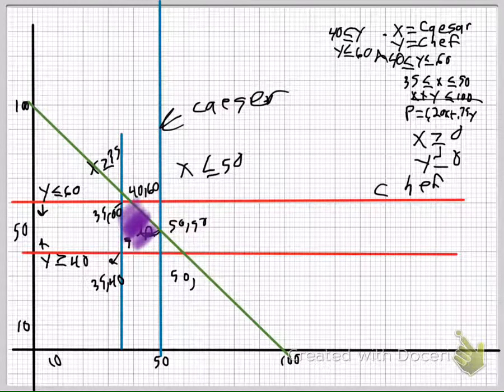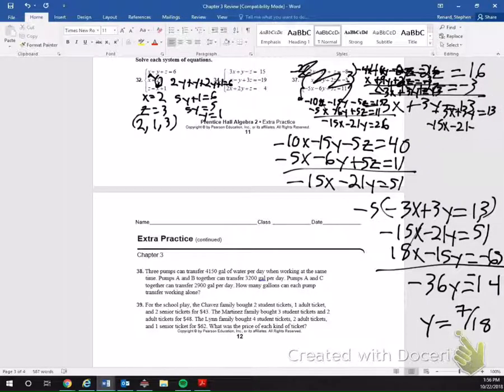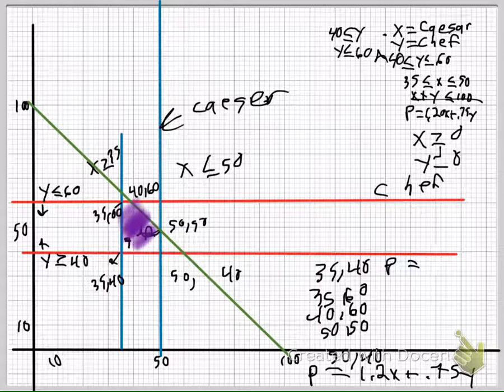And then I have 50, 50 and 50, 40. So if I list all those out, these right here are my 1, 2, 3, 4. Oh, I forgot one, 50, 40. No, it's right there. Okay, so those right there are my 5 vertices. I know the maximum is going to happen when I plug one of those into my equation, 1.2x plus 0.75y.